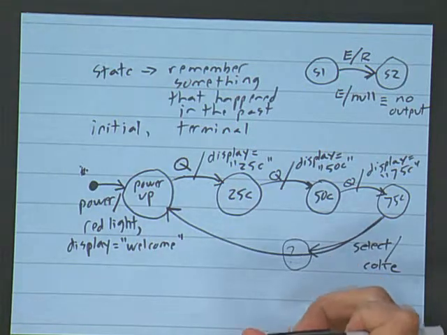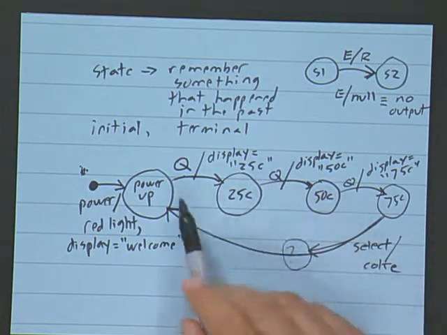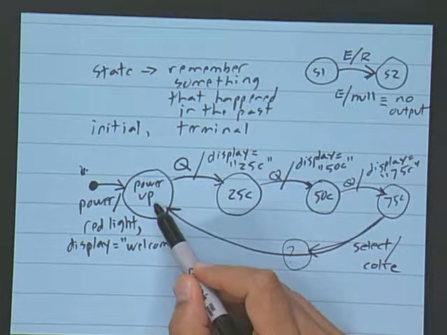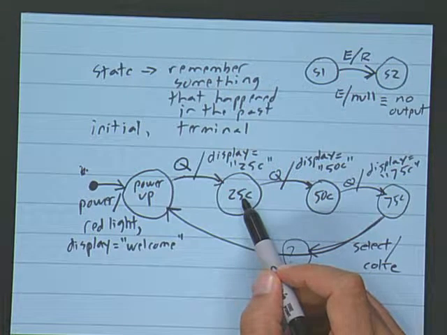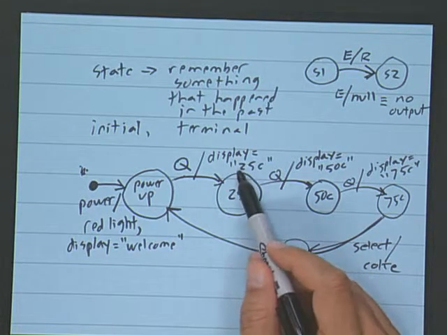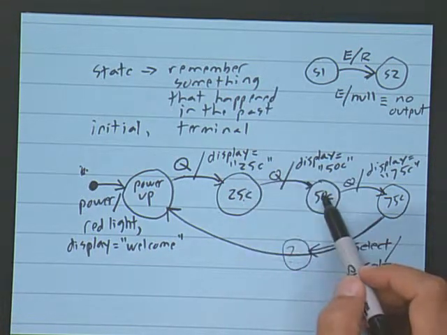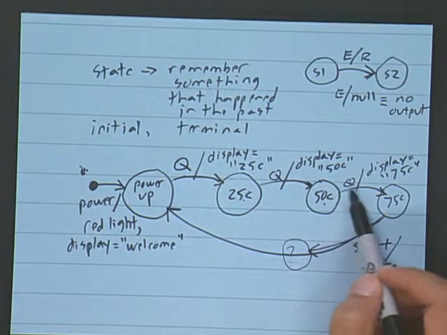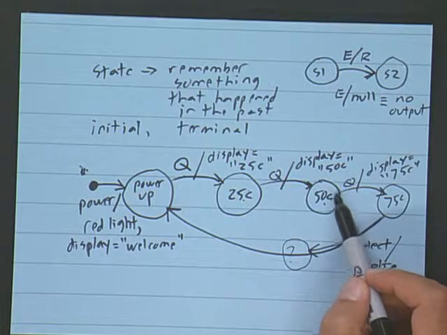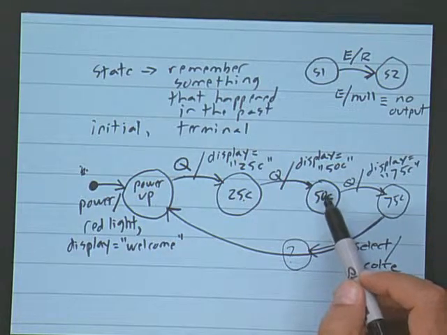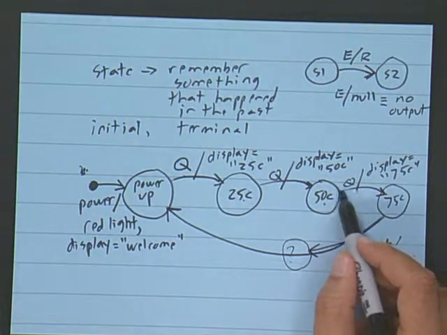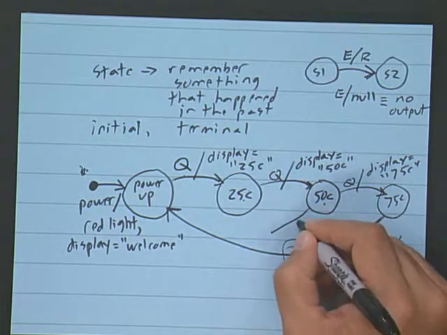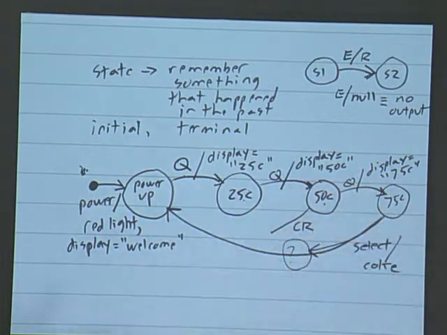But if I were to follow the same storyline, I'm in the initial state. I deposit 1 quarter, and I display 25 cents. I deposit another quarter, and I display 50 cents. Now at this point in time, instead of depositing another quarter, I want to get my money back. That's the change return. So from this state, the actor has to hit change return.